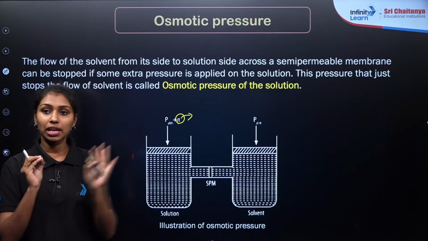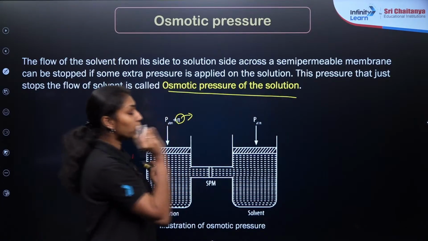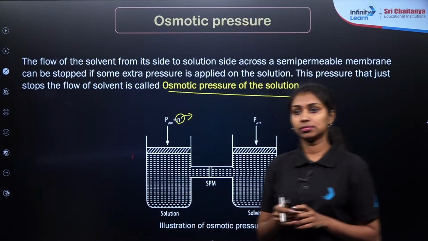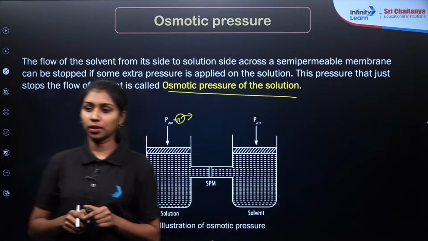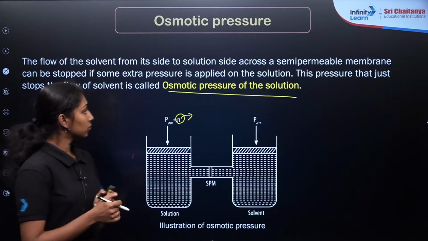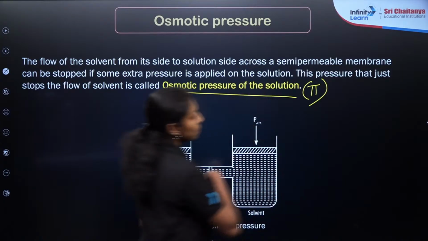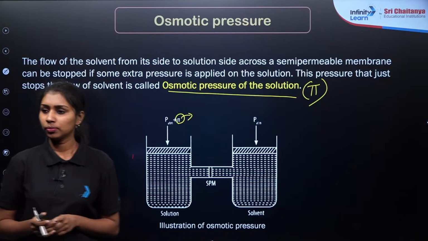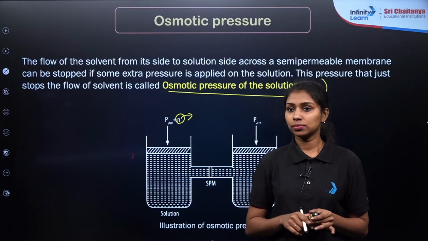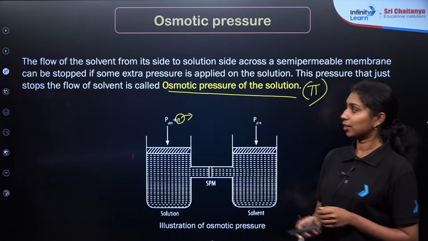That particular pressure we are applying is known as the osmotic pressure of the solution. I hope you guys have understood. Generally, osmotic pressure is represented by the letter pi. Okay, fine.